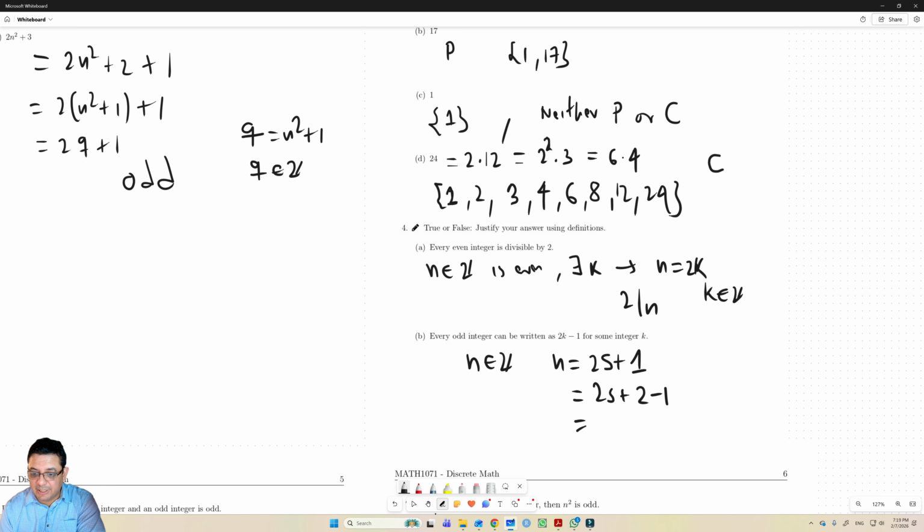So now I can see this as 2 times s plus 1 minus 1. And notice that since s is an integer, s plus 1 is also an integer. Let me call k equals s plus 1. So this will be seen as 2k minus 1 with k that belongs to the integers. So yes, I can also rewrite any odd number in this way.